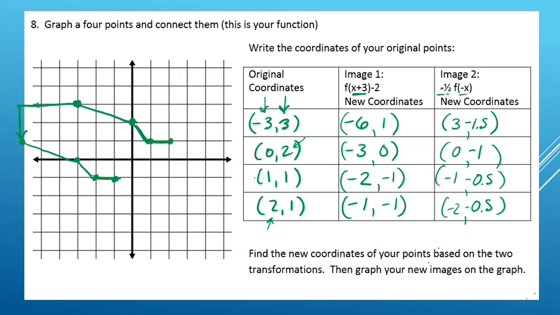Okay, so now is the test to see if I did it correctly. I'm going to plot my points, so 3 over 3, and then down 1.5. I have 0, -1, so stay at 0 and go down 1. And then I have -1, -0.5, so back 1, down 0.5, and -2, -0.5.